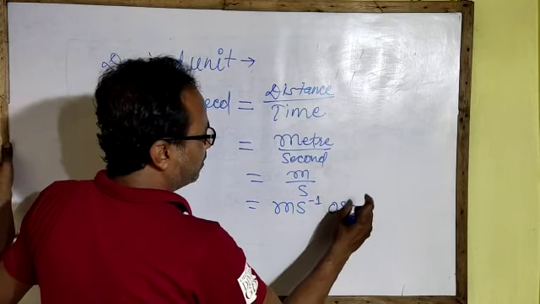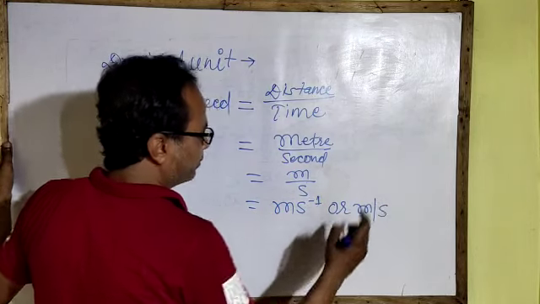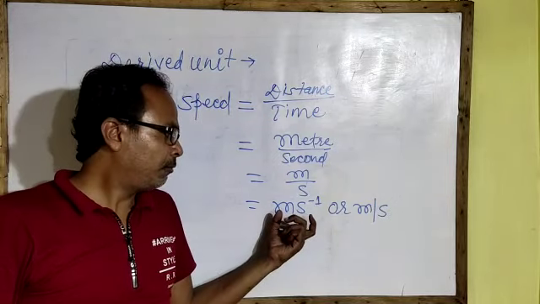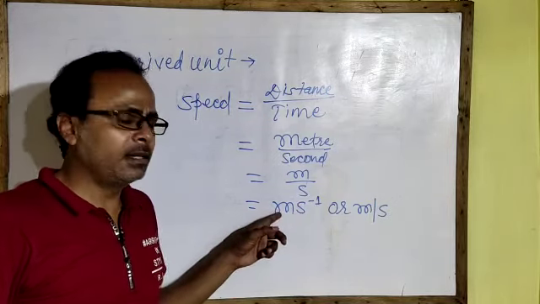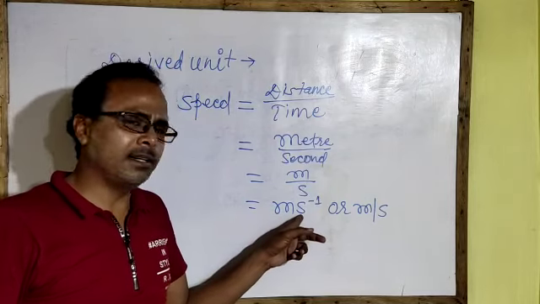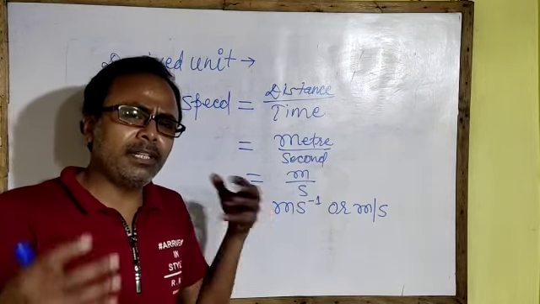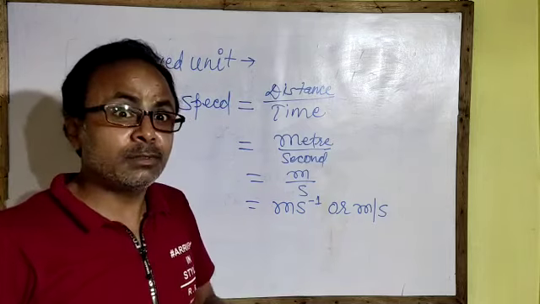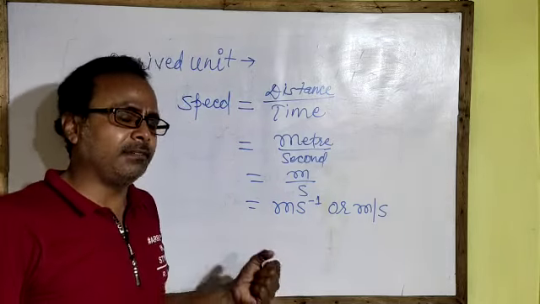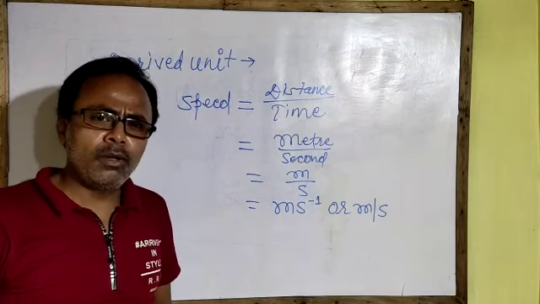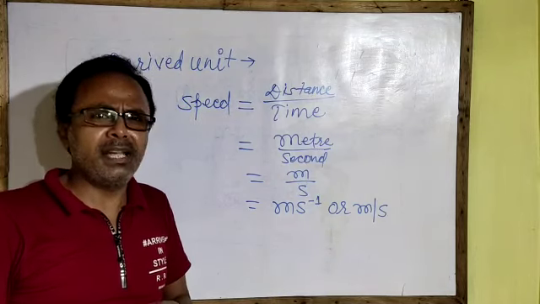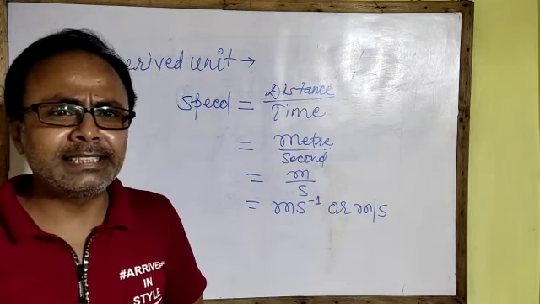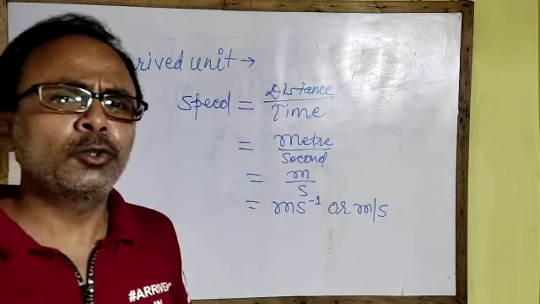See here, I have taken two fundamental units, meter and second. So the combination of these two fundamental units has given us the derived unit. Now we'll move towards the main content of the chapter motion, that is distance, displacement and so on.